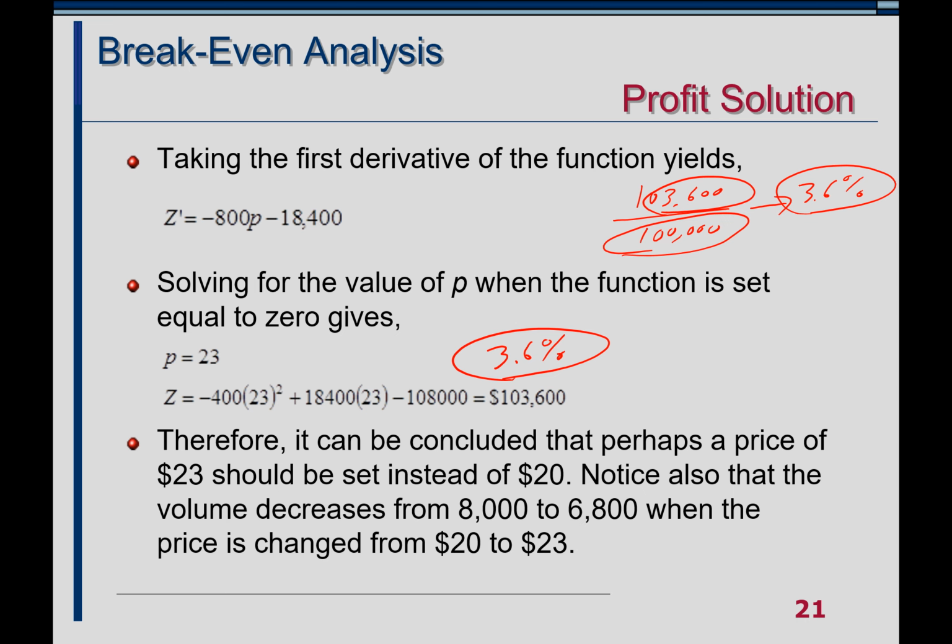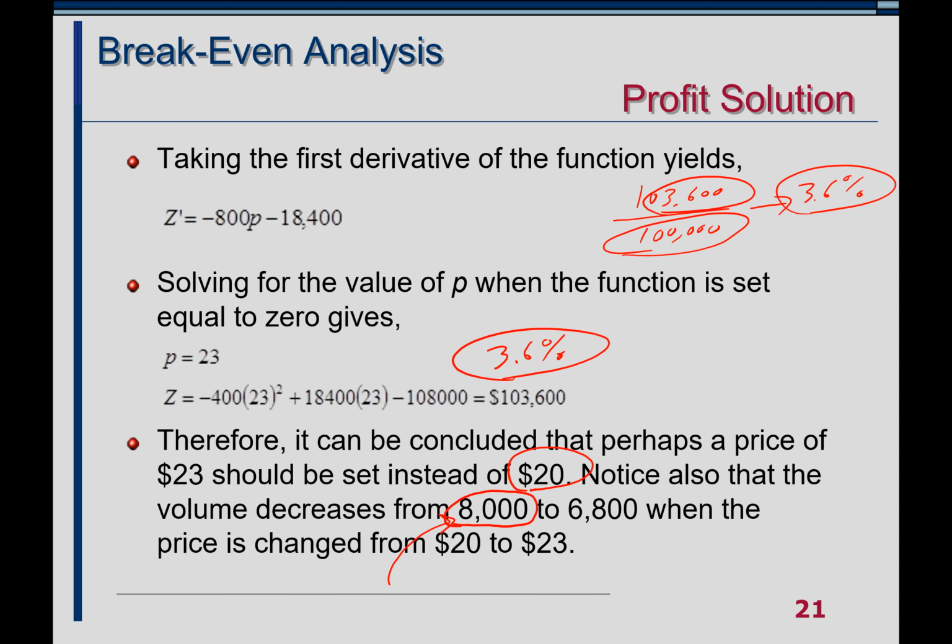But more importantly, what I want you to notice is that to make $100,000 at a price of $20 a piece, you had to produce 8,000 shirts.